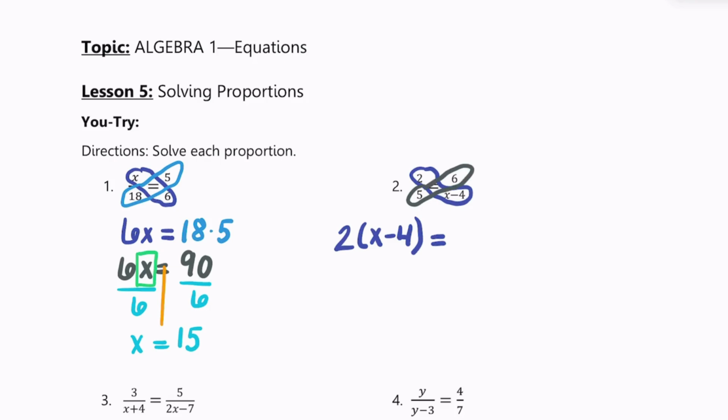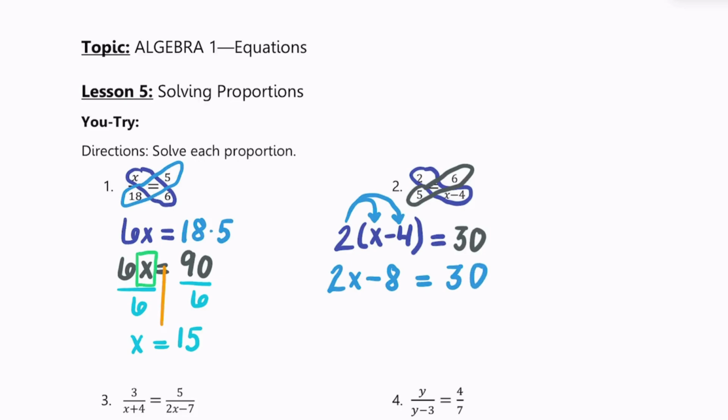You can write that as 5 times 6, or if you're comfortable, you can just state it as 30 right off the bat. Moving on, we're ready to distribute. We're going to distribute that 2 to everything in parentheses. So that's going to give us 2 times x, which is 2x, and 2 times negative 4, which is negative 8. So I'm going to write minus 8, and that's going to equal 30.